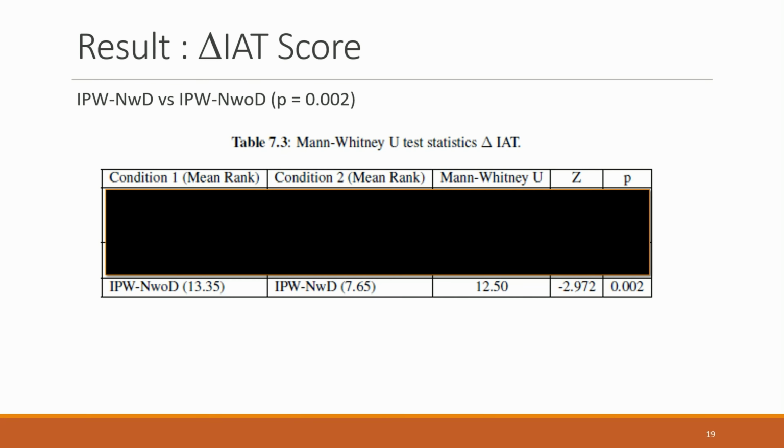While comparing the delta IAT score for IPW and WD versus IPW and WOD, that means in these two conditions participants used in-place walk, but they interacted with the narrator with disability and the narrator without disabilities, we see a statistically significant change in bias.